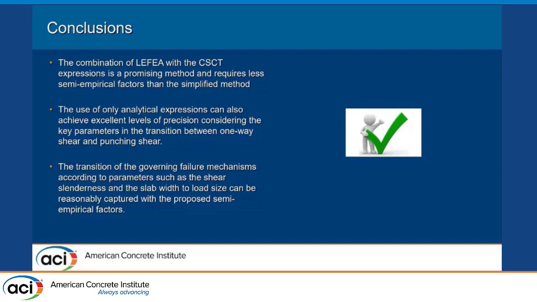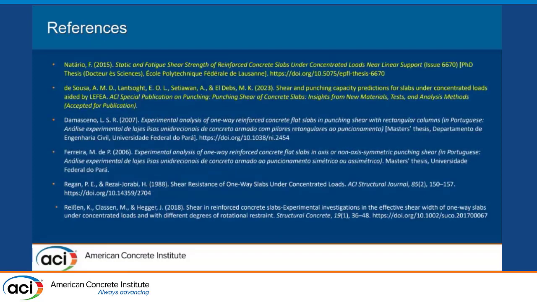We also observed that the use of only analytical expressions can also achieve excellent levels of precision, considering the key parameters in the transition between one-way shear and punching shear, and that the transition of the governing failure mechanisms according to parameters such as the shear slenderness and the slab width to load size ratio can be reasonably captured with the proposed semi-empirical factors. So these are some of the references that I used in the presentation.